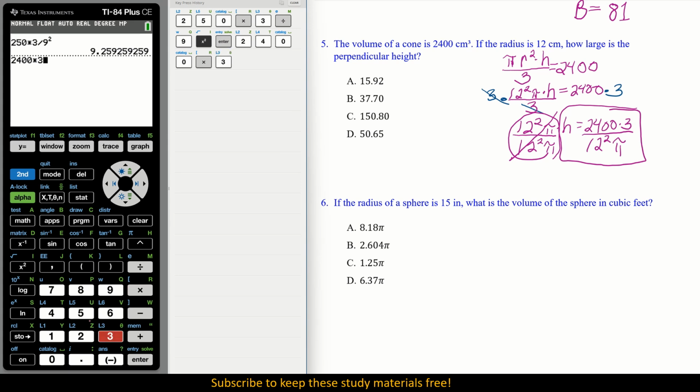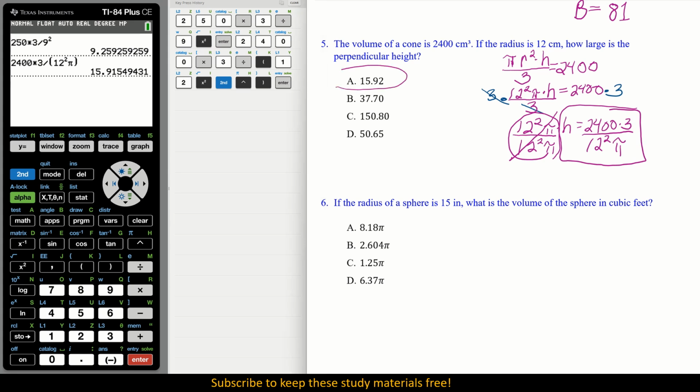Now, we know that we have to be careful when we divide and there's pi in there, so let's divide and use parentheses. 12 squared, second, caret up, which gives us our pi, close our parentheses. And that gives us option A, which is correct.